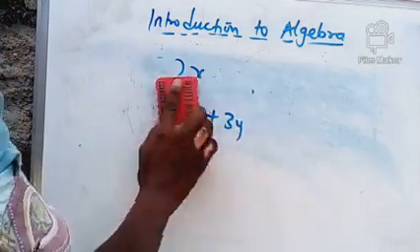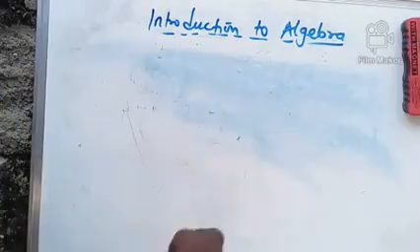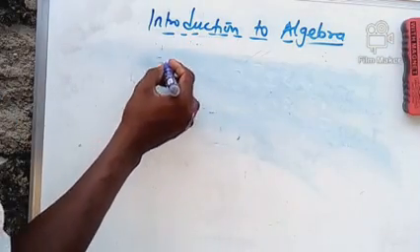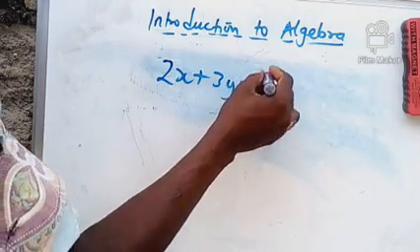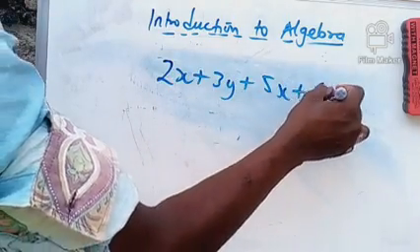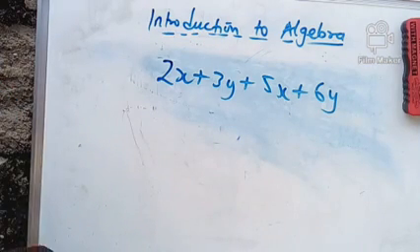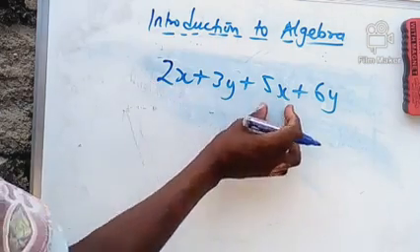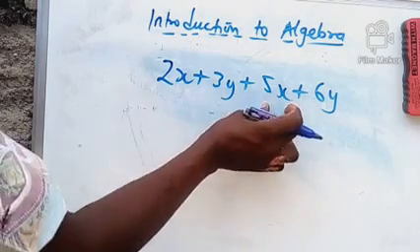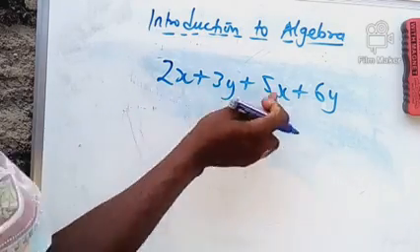All right, feel free to pause the video and tell me what this could be. If I have 2x plus 3y plus 5x plus 6y, simplify and tell me what the answer could be. All right, let's get started. Notice that we have like terms here, 2x and 5x. They are like terms because they contain the same variable, x.